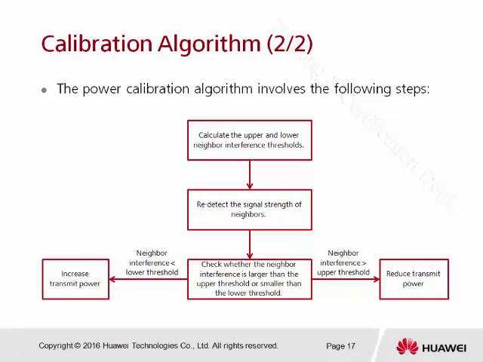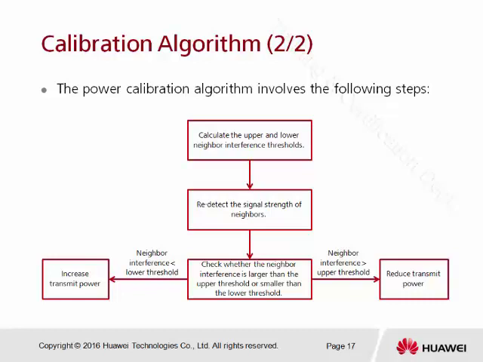The power calibration algorithm involves the following steps. You calculate the upper and lower neighbor interference thresholds. We detect the signal also. Check whether the neighbor interference is larger than the upper threshold or smaller than the lower threshold.